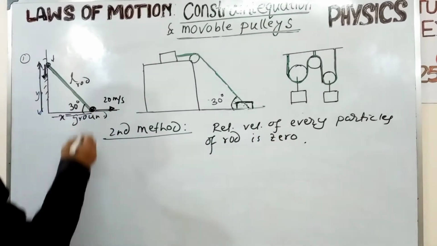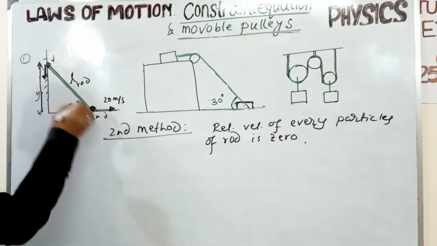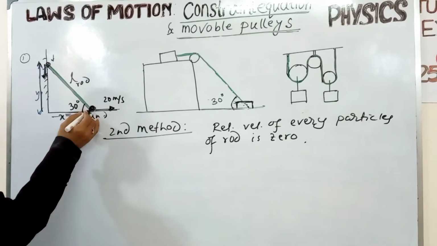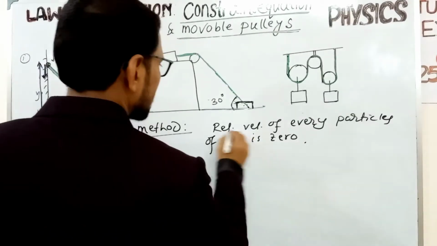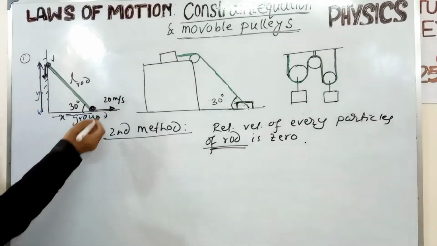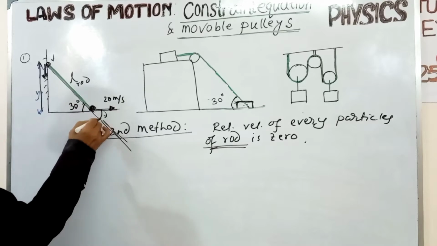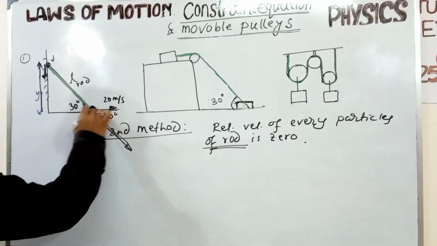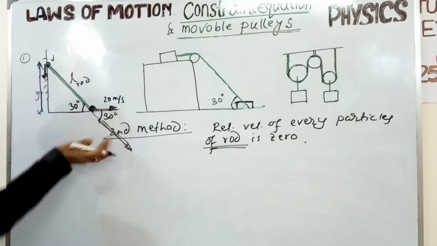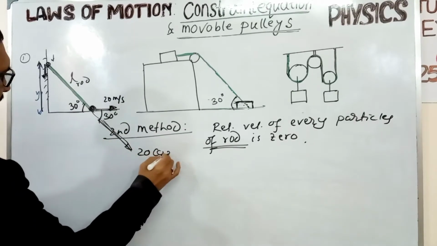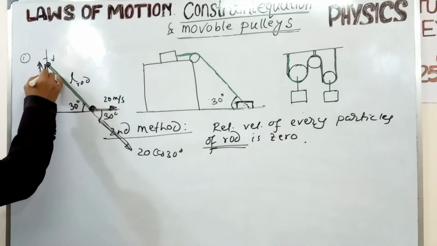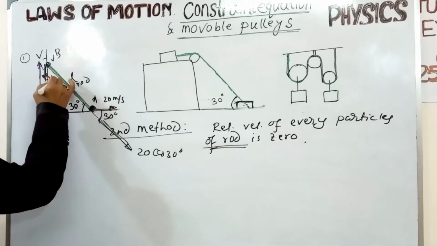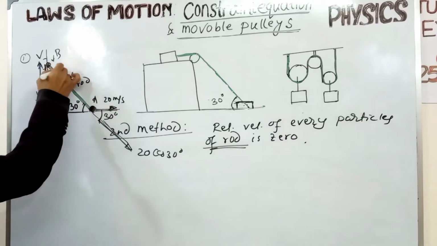If we take two points, this and this, then the relative velocity of these points along the rod is calculated. Here the angle is 30 degrees, so the component along the rod is 20 cos 30 degrees, and this is velocity VA. Suppose this is A and this is B, so the velocity is VB, and with this angle of 30 degrees and 90 degrees, this is 60 degrees.